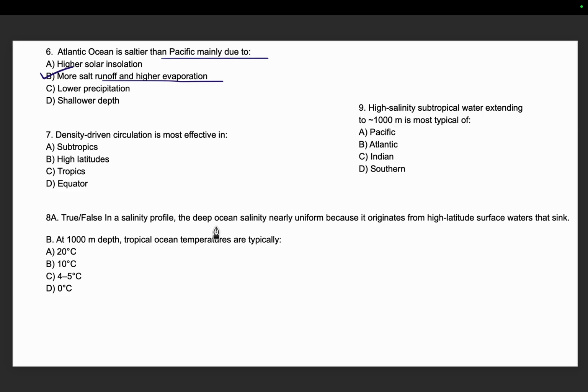Question 7, density driven circulation is most effective where? Subtropic, higher latitude, tropics, or the equator.